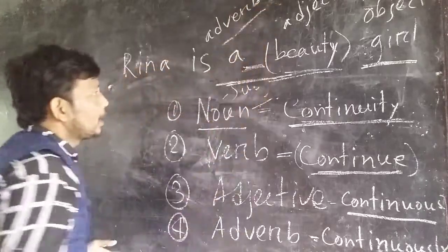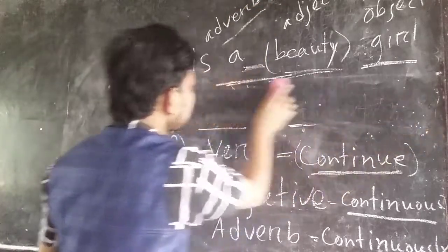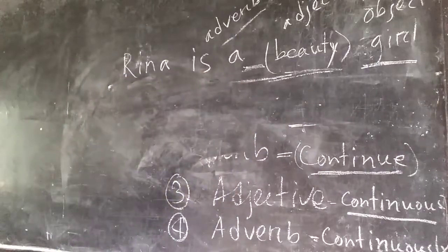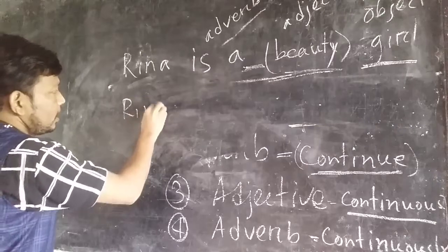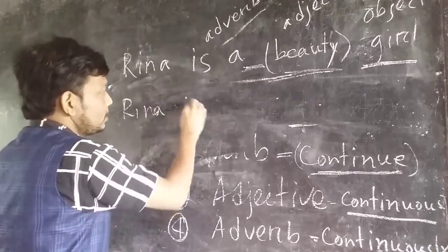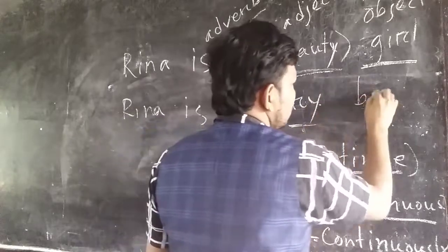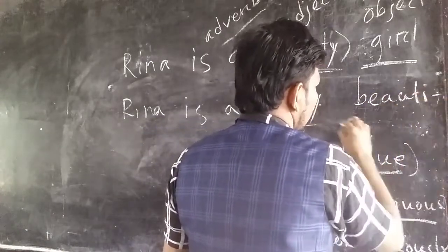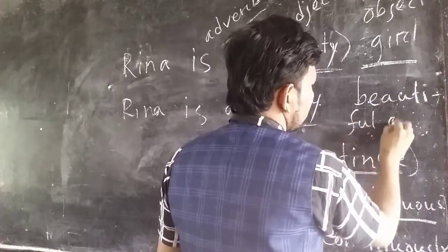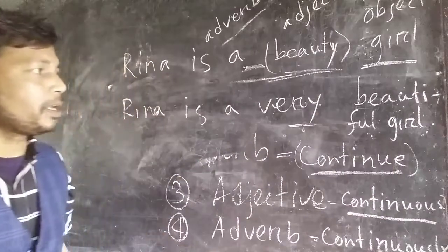Okay, we can write this sentence in a different way. Rina is a beautiful girl. We can say that Rina is a very beautiful girl.